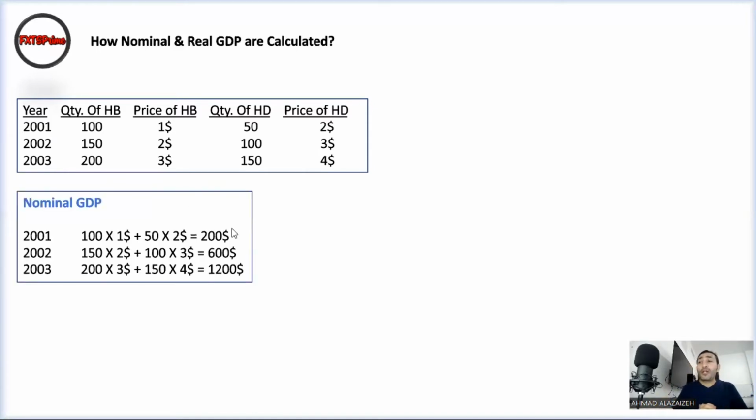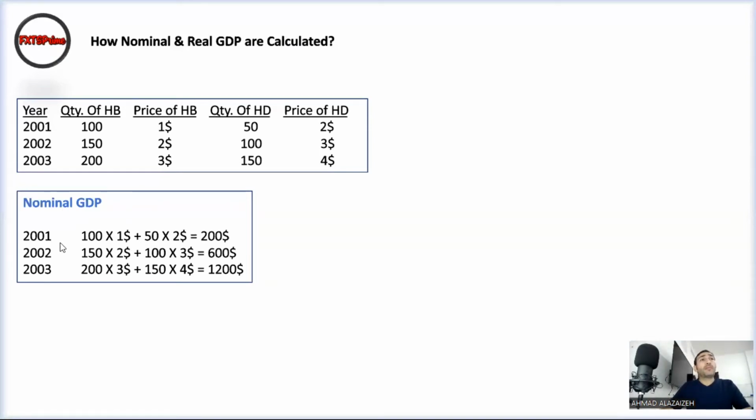So let's talk about the nominal GDP. So the nominal GDP, we are measuring the amount of money produced and spent by household in the output market in that area in the corner top. If you remember the cycle we have explained a few moments ago.